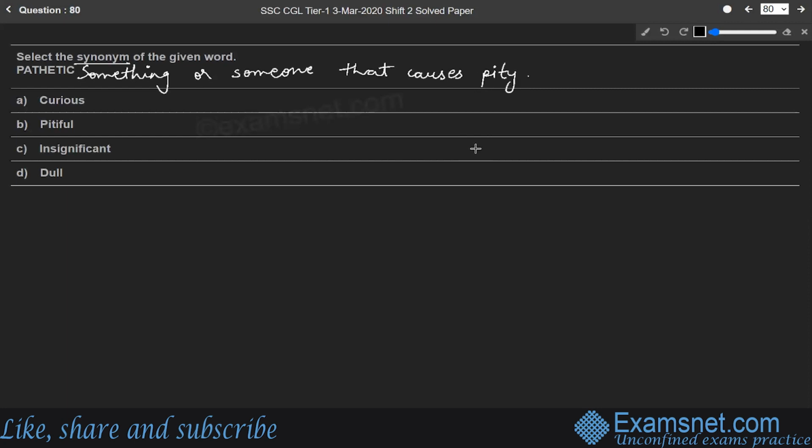Now let us have a look at all the options. Options are curious, pitiful, insignificant, and dull. So the first option is curious. Curious refers to someone who is eager to learn something. Second option is pitiful.